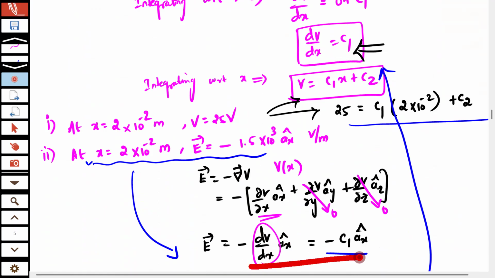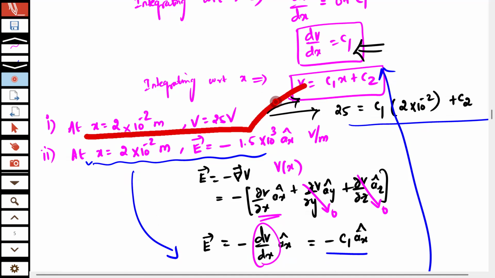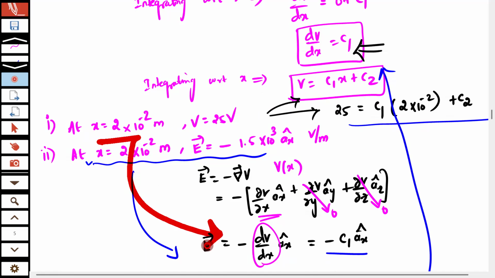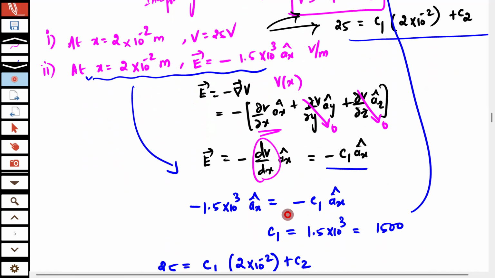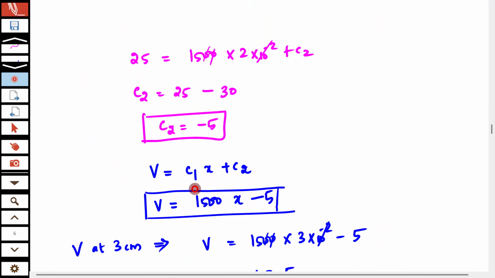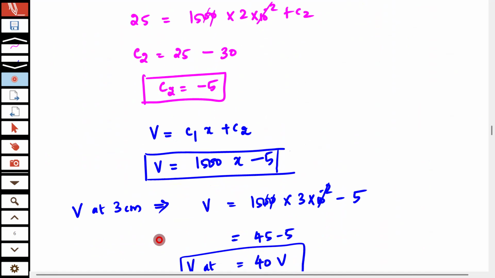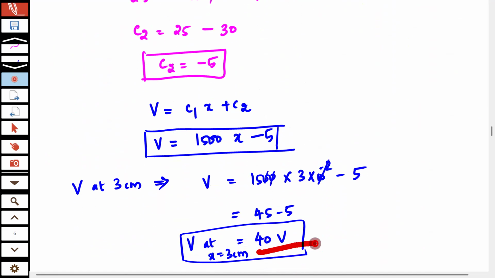So we can write electric field intensity in terms of c1, and V also is there in terms of c1 and c2. Applying one boundary condition for potential, another for electric field intensity, we will get the constants c1 and c2, and thereby we will get voltage as a function of x. Now at particular value of 3 centimeter, we are asked to find the potential, that is coming out to be 40 volts. I hope you have understood this problem. Thanks for watching the video.